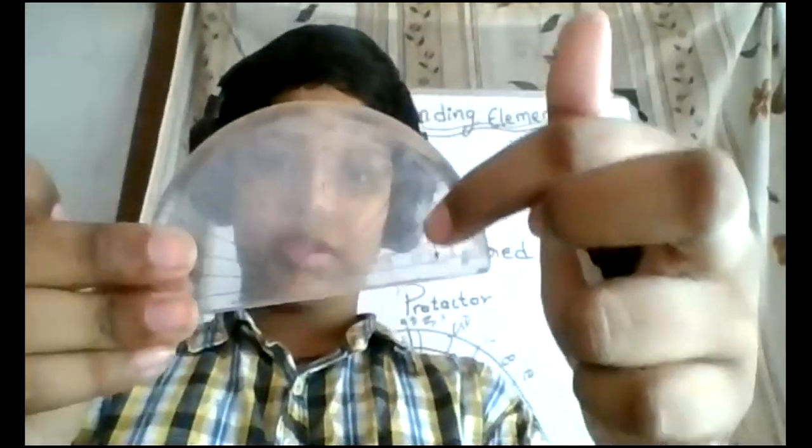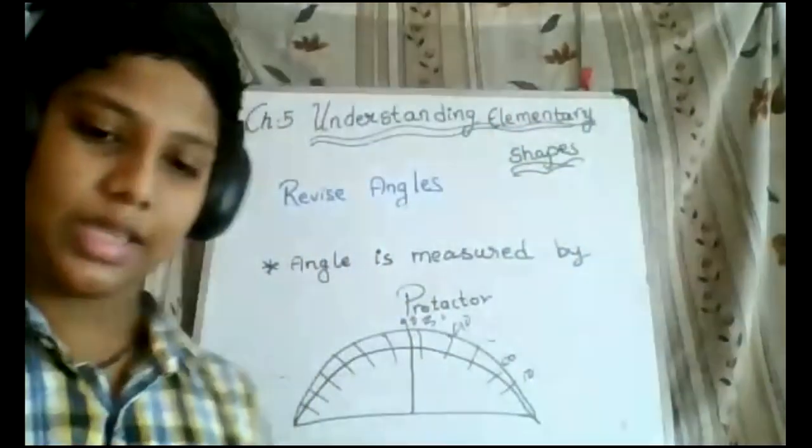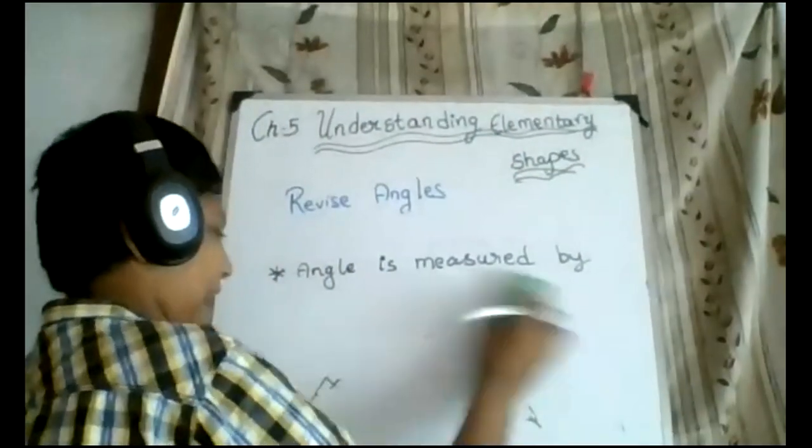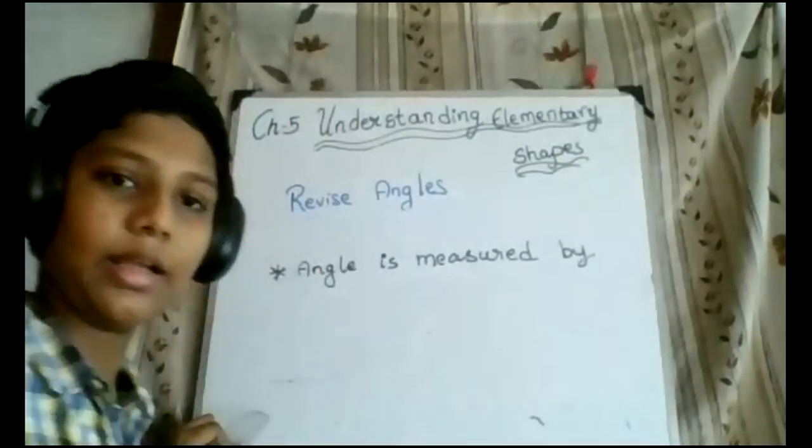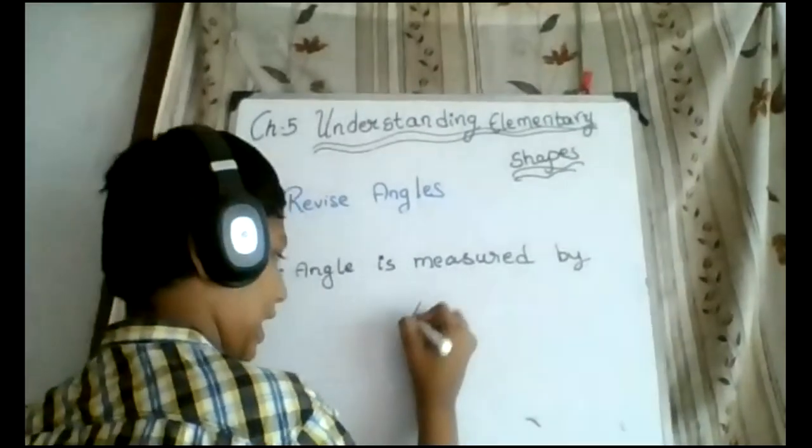It can be found in a compass box. Semicircle shape. Is it clear? These downside angles we have to measure. I will tell how to measure angles by using a protractor. Let us take an angle.